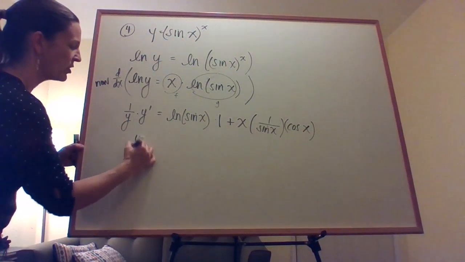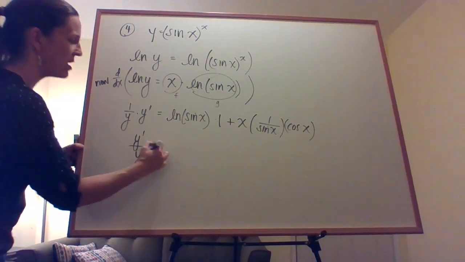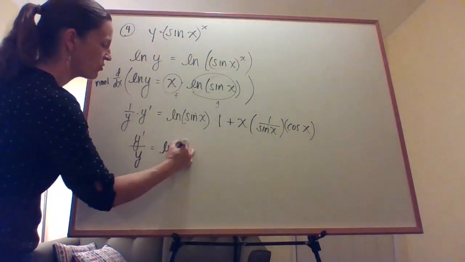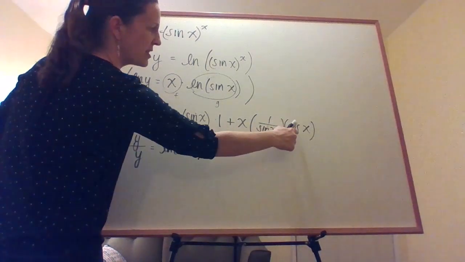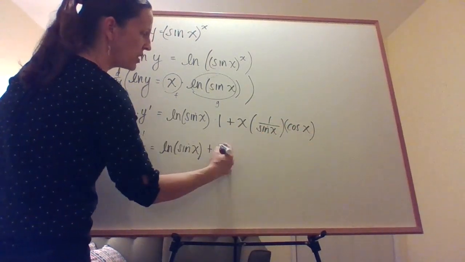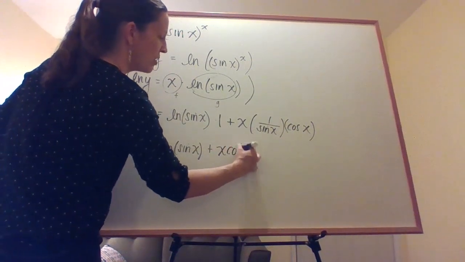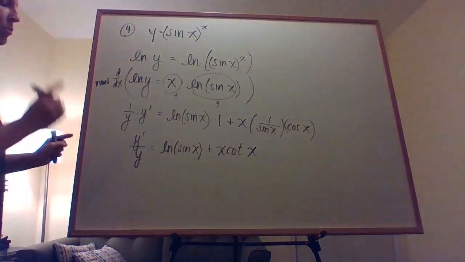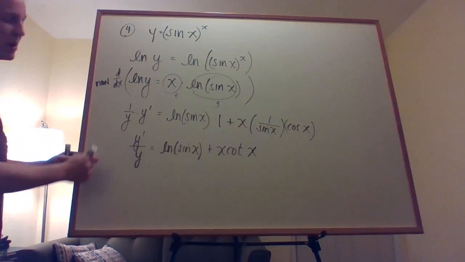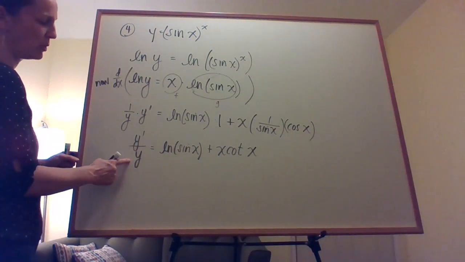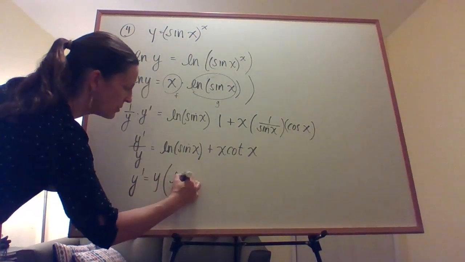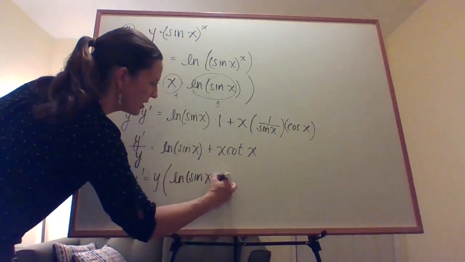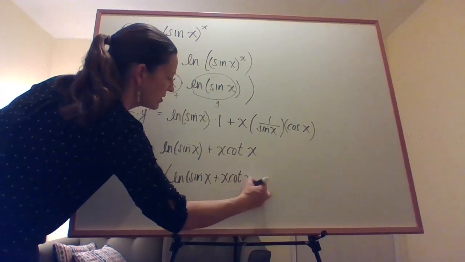Okay, if I clean this up a little bit, I end up with y prime over y on the left. Here I have natural log of sine x, and here I have x, and then this is cosine over sine, which is cotangent. So I end up with x cotangent of x. Remember, my main goal is to solve for y prime, so that means I need to multiply both sides by y. So y prime is going to be y times natural log of sine x plus x cotangent x.